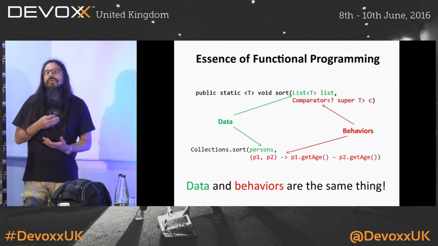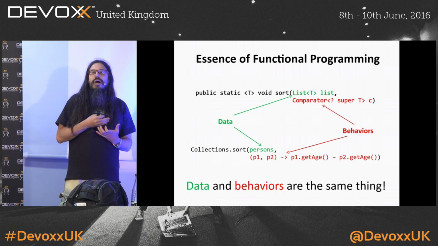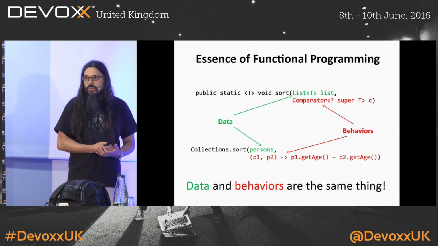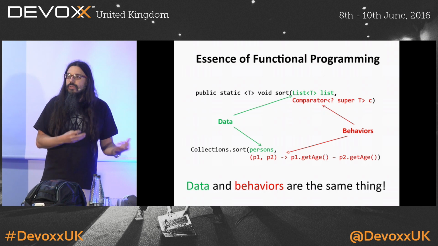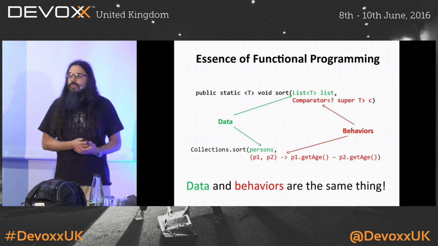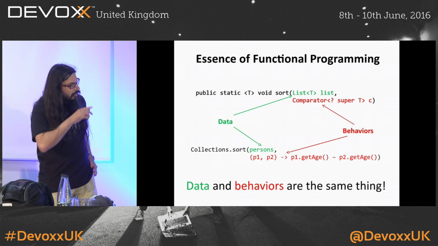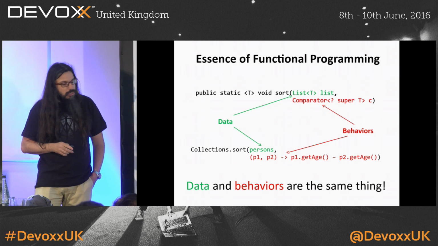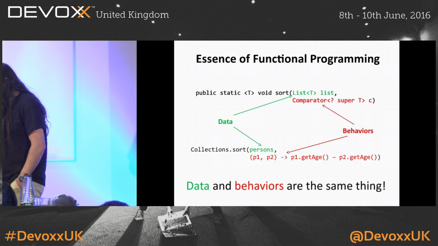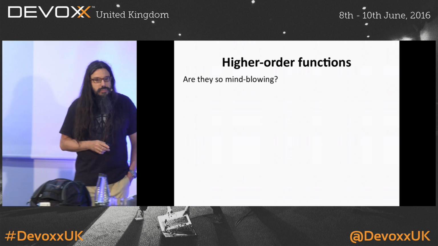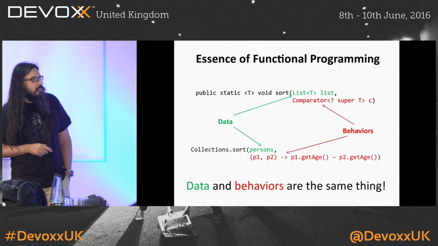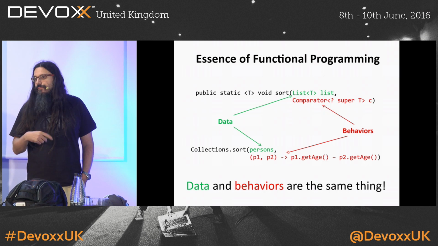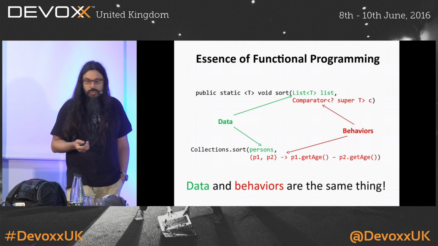I would say it is a further degree of freedom that functional programming gives you: the ability to mix data and behaviors. By the way, this is called a higher-order function. Why? Because I'm passing a function to another function. That's all.